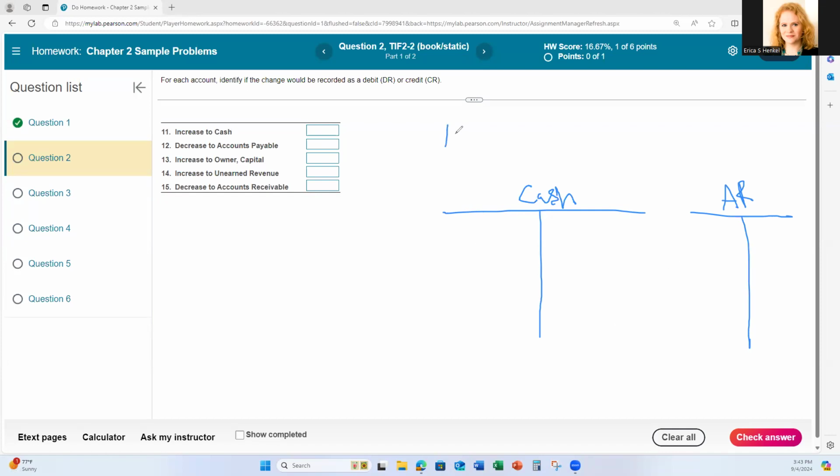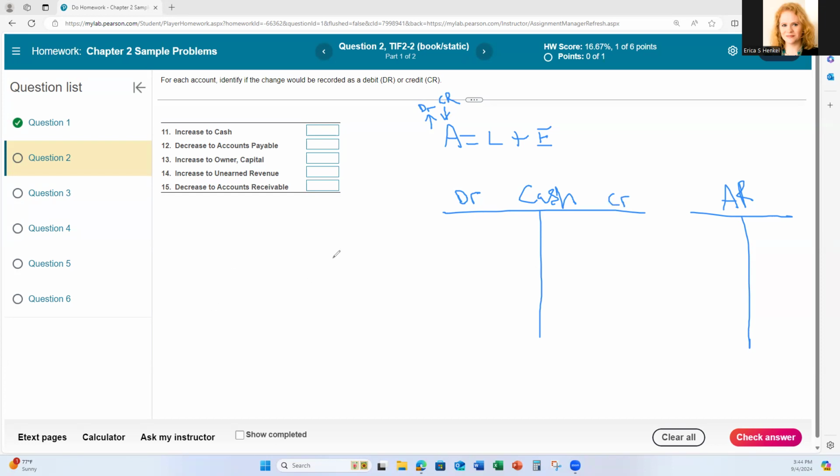Now, thinking about our accounting equation, assets equals liabilities plus equity. Transactions on the left side here, which is the debit side, which we will abbreviate as DR, increase. So assets increase by debiting, and they decrease by crediting. If I increase my assets, I'm going to record it on the left side here, and if I decrease my assets, I'm going to record that on the right side, which is a credit.